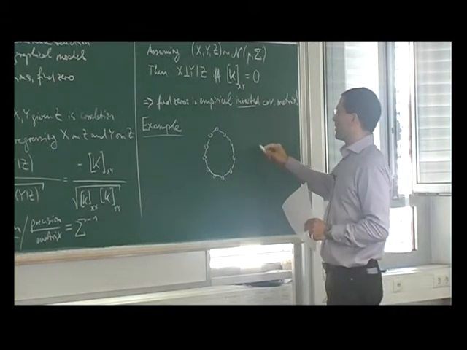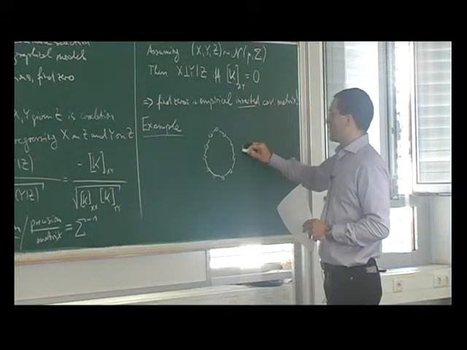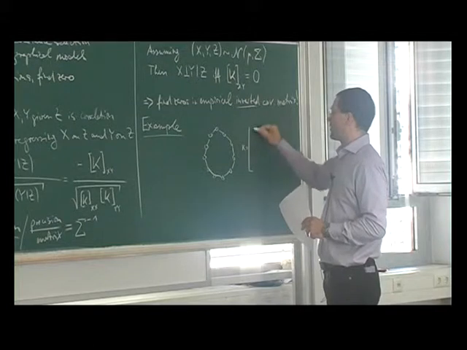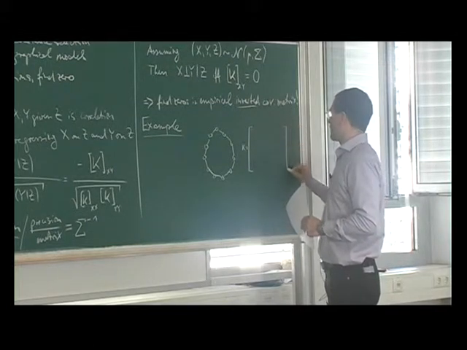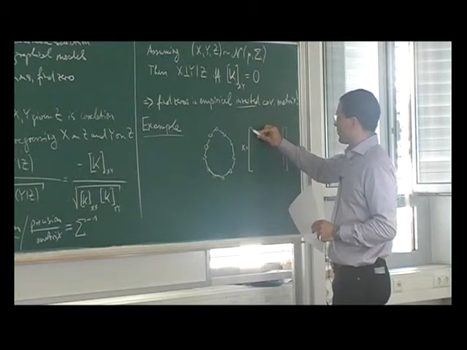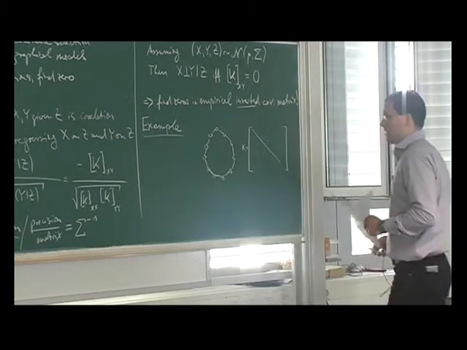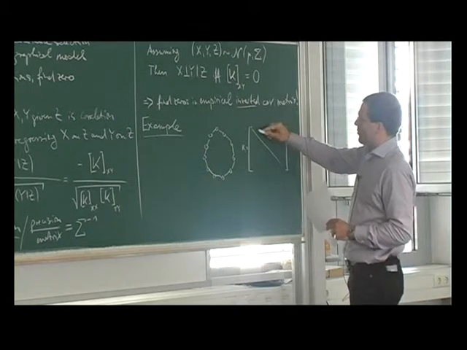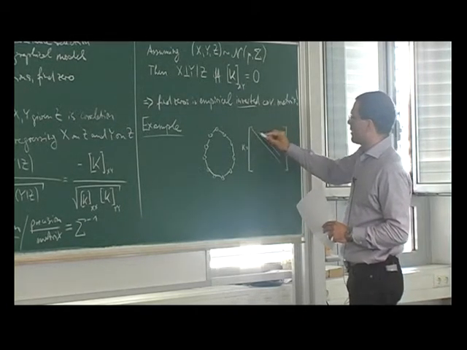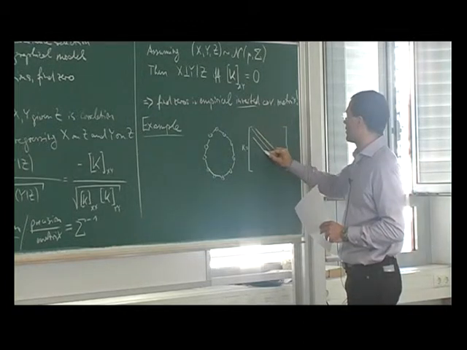So if I'm drawing the precision matrix here, this will be a banded matrix where I have diagonal entries, and then I have one off-diagonal entry, namely for the left and right neighbor.